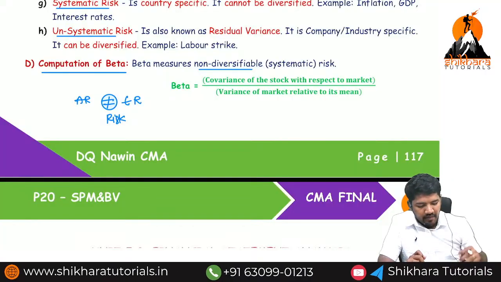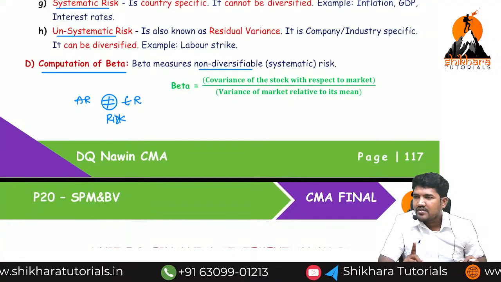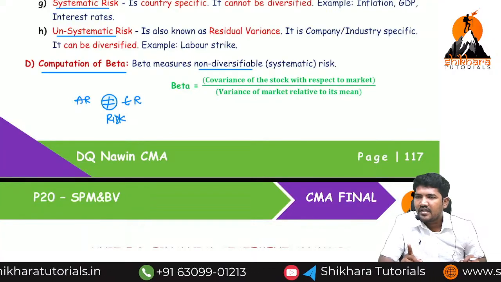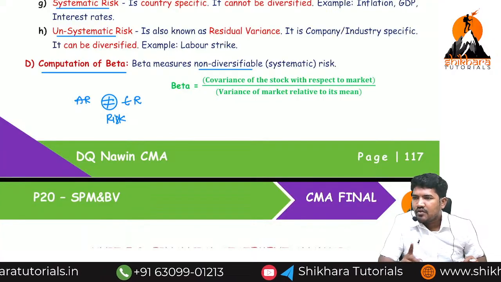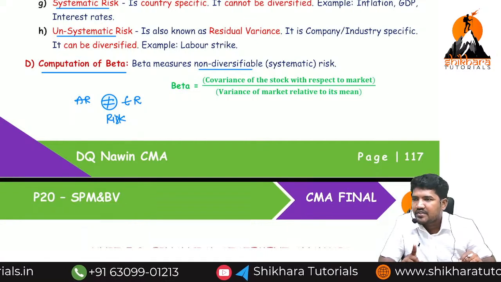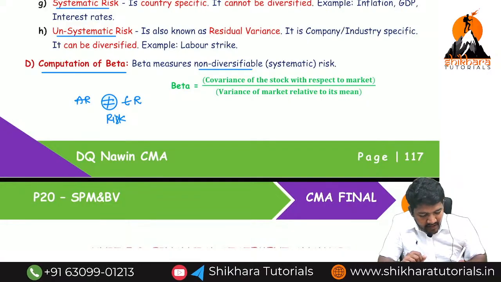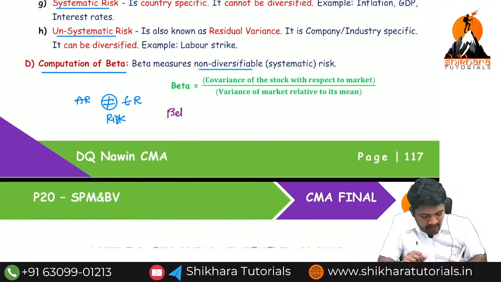Now we already completed one calculation part, I think. Are you clear, sir? What's the formula we used in that case? Covariance of security and market divided by variance of market. So there is another formula. Anyone?